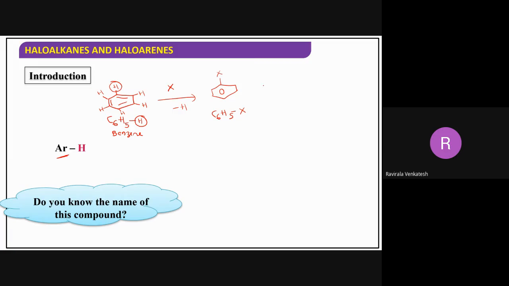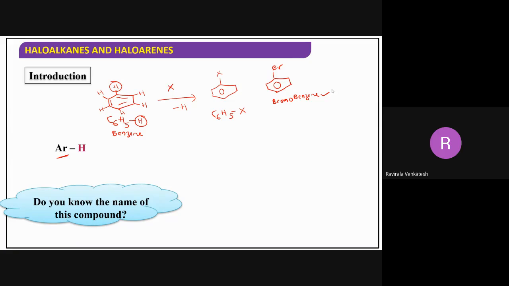For example, I am putting X equal to bromine. Now what is it called? The common name is generally bromobenzene. Otherwise it is called benzene bromide, but generally we call it bromobenzene.